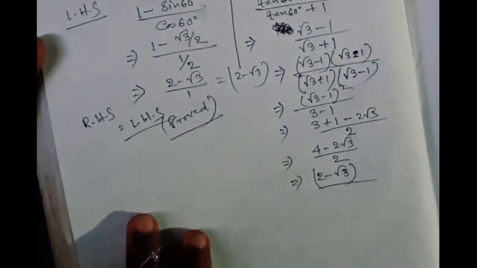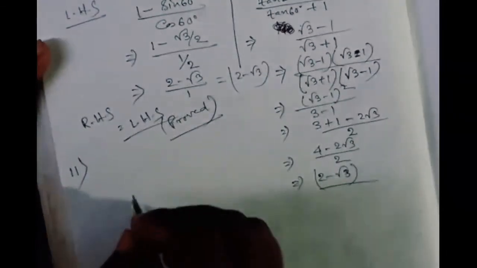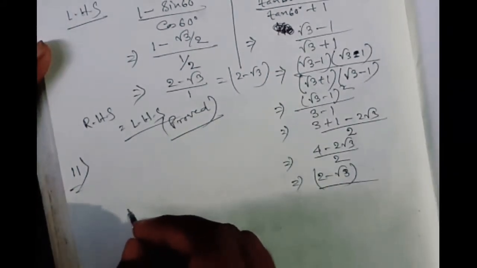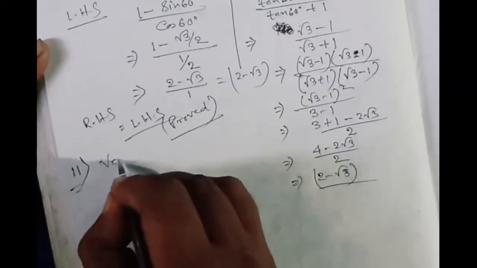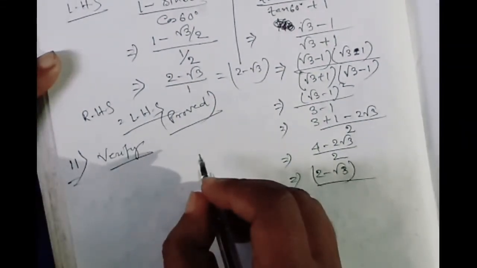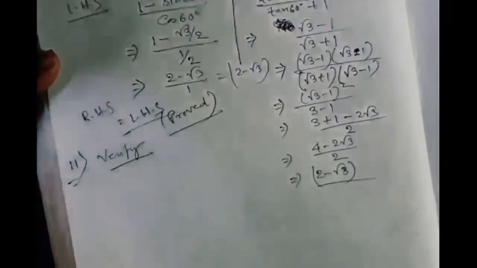Question number 11. It is given to verify four identities.